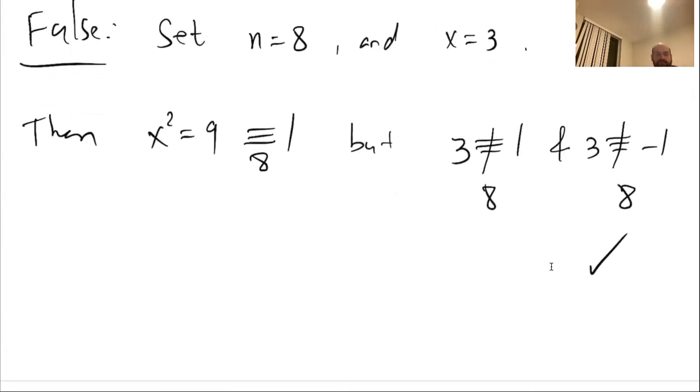So I found a number, x equals 3, and n equals 8, and 3 squared is 1 mod 8, but 3 is not 1 mod 8, and 3 is not minus 1 mod 8 either. So in this case, we constructed the counterexample that we were looking for. Okay, so this, of course, doesn't mean that this is the only example that you could provide. Of course, there are many examples for n and x.